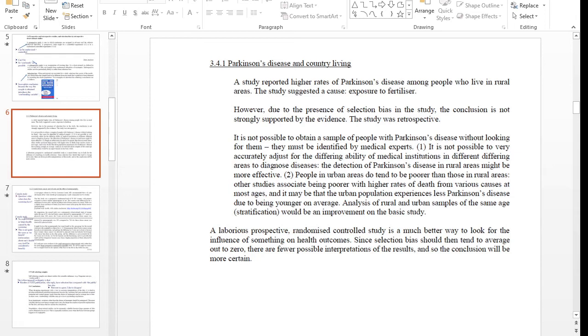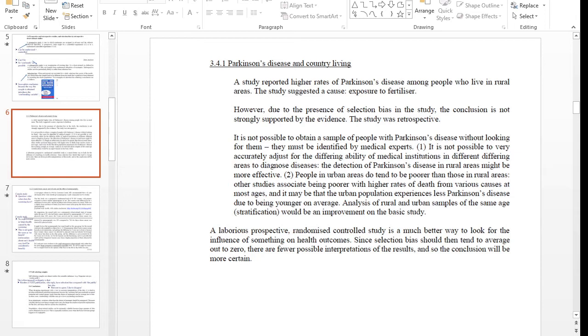In fact, if you avoided sampling bias by doing something called stratification and measuring Parkinson's disease rates in groups of people of the same ages in the rural area compared to the urban area, you may find that there's no difference in the rates, in which case you might say, well, there's not an increased risk caused by living in the rural areas.